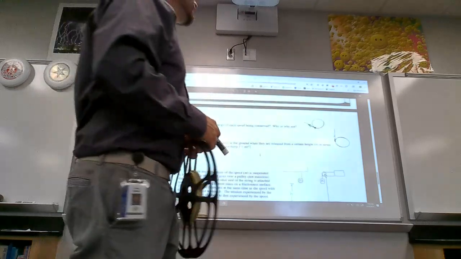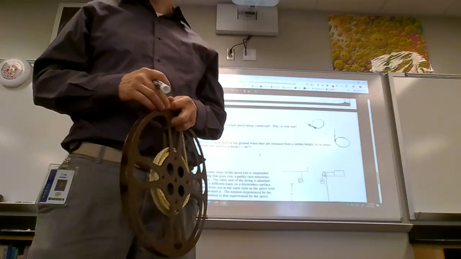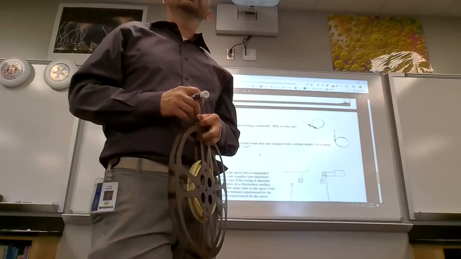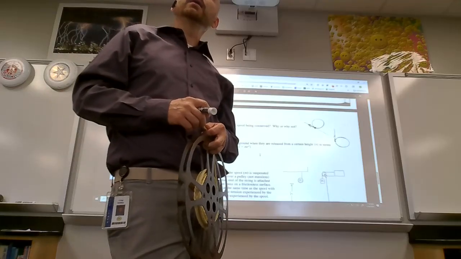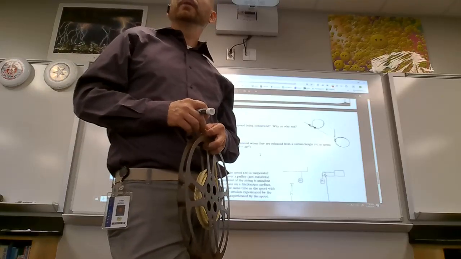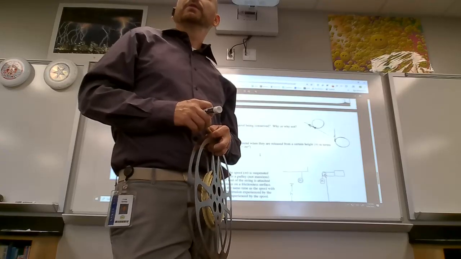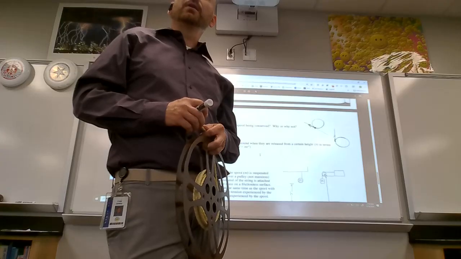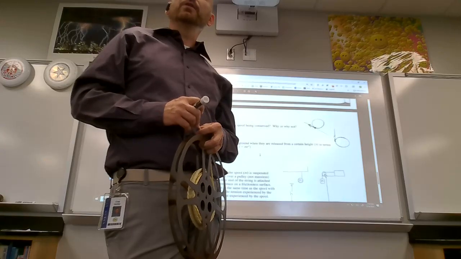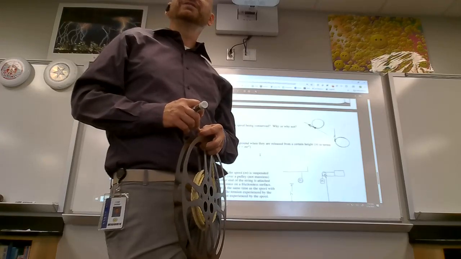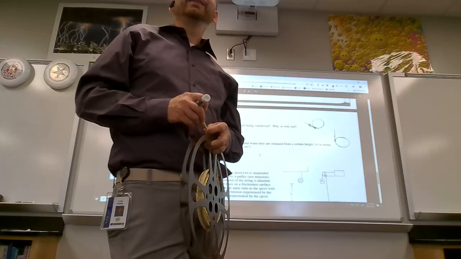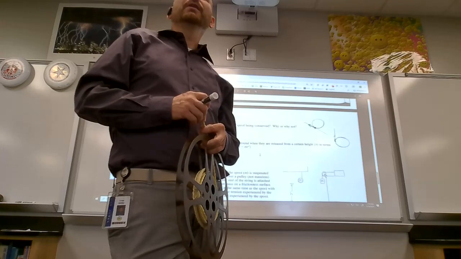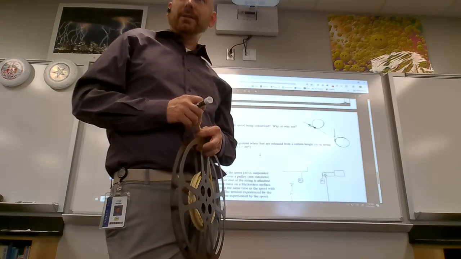What if there were a real spool where the thread is heading closer to the center? No, it would still be conserved because all you're doing there is changing the moment of inertia. You'd be changing the tension.